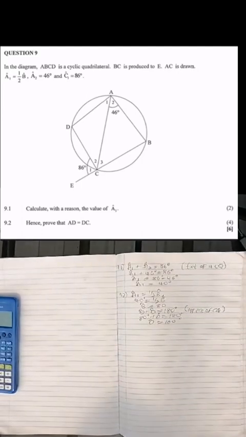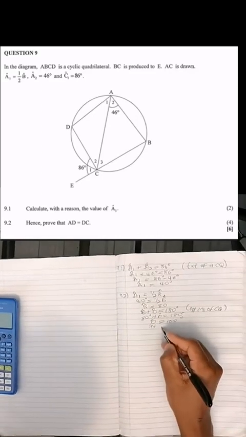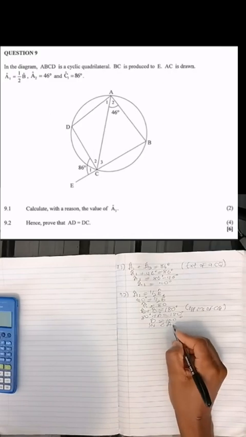Now we have found out that angle D is equal to 100 degrees, but you haven't answered our question yet. Our question says that we should prove that AD is equal to DC. So how do we prove that? We're going to tell the marker that we'll be working in triangle ACD.